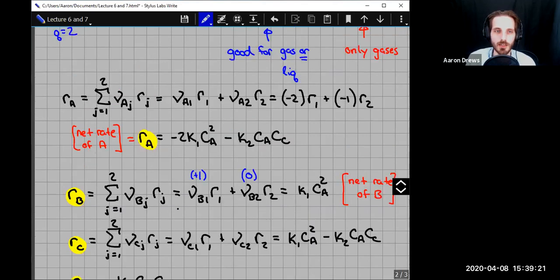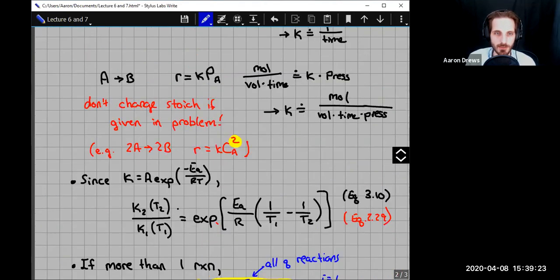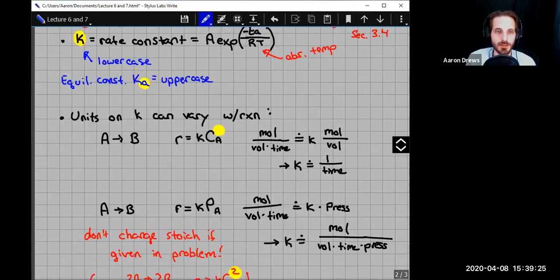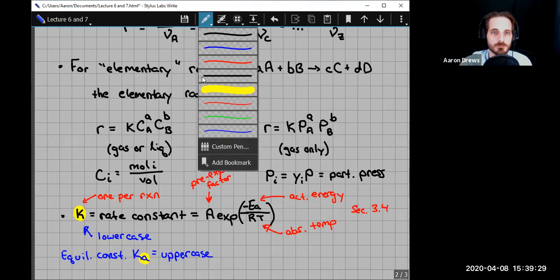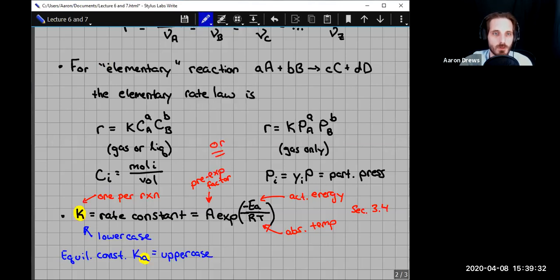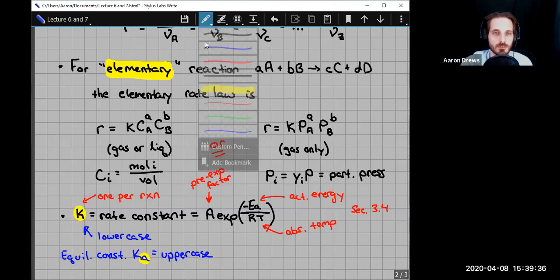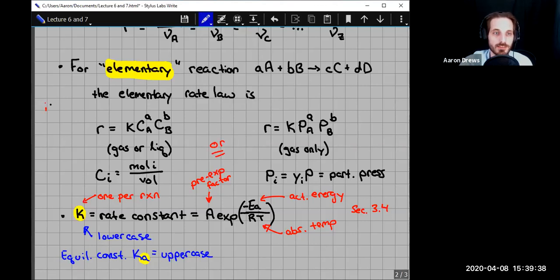Oh, one comment about whether or not something is elementary or not. If it doesn't follow this form, right? If something is not an elementary reaction, I think I had alluded to it earlier.